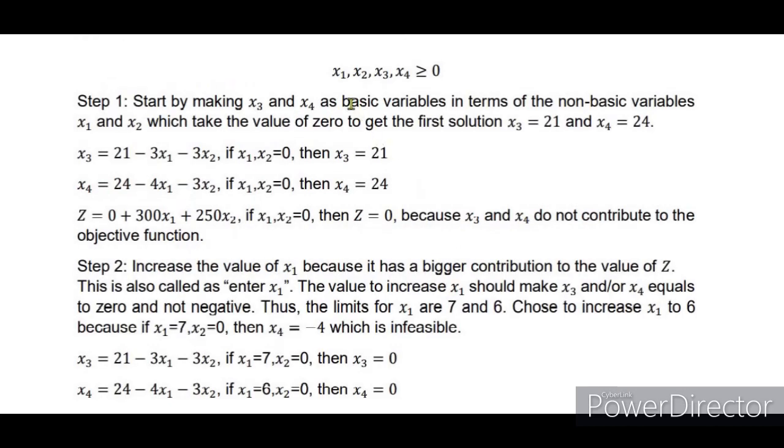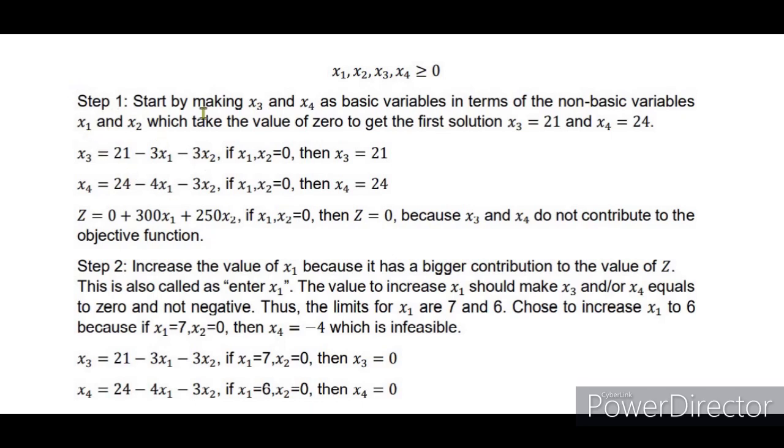And of course, the non-negativity constraints are included, so x sub 1, x sub 2, x sub 3, and x sub 4 must be greater than or equal to 0.